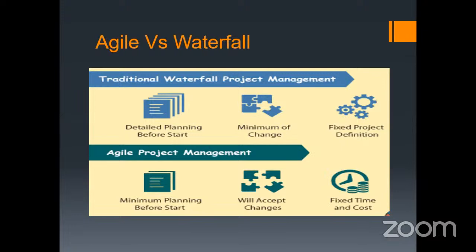How? The planning will be minimum and it will allow you to accept the changes by the customer. Here you are giving importance to the customer rather than your process. And in Agile, the time and cost are fixed.